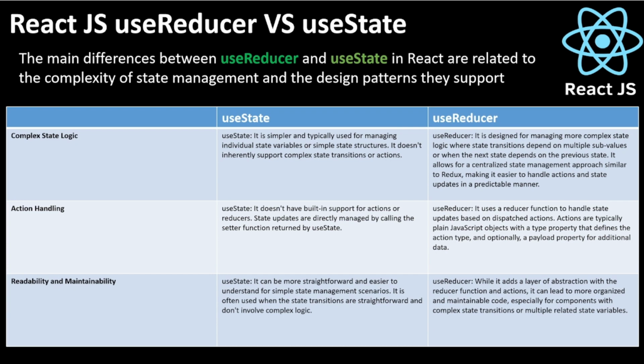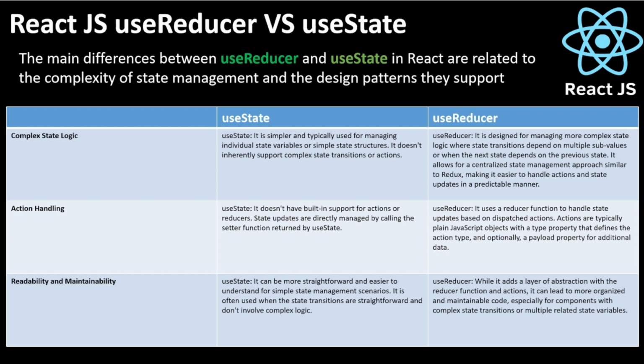As I showed in the counter increment and decrement example, I took the actions, I created the plain JavaScript reducer, and also dispatched the action, and you can hold the state as well as the reducers. This is a more complex way of doing it. On readability and maintainability, useState can be more straightforward and easier to understand in simple state management scenarios, often used when the state transitions are straightforward and do not involve complex logic.